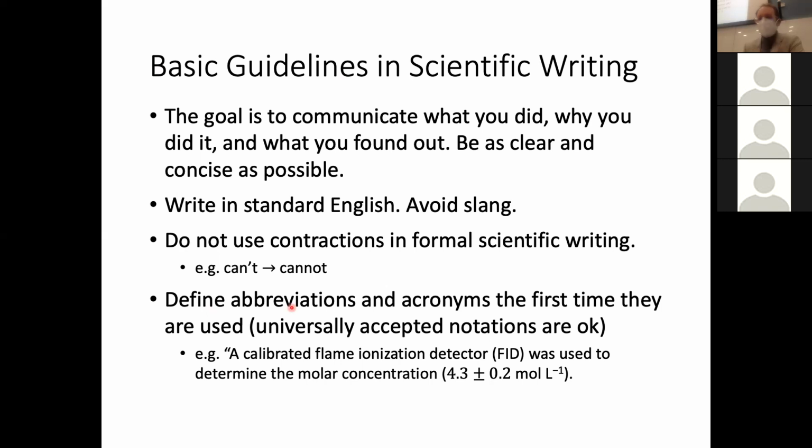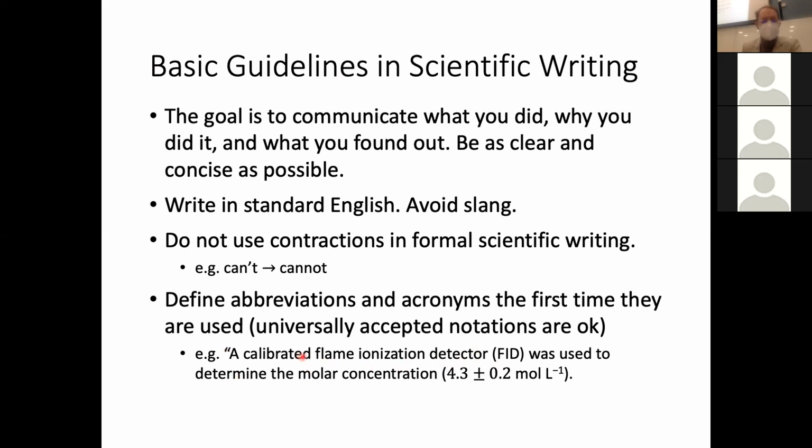In scientific writing, often it is efficient to use abbreviations and acronyms, but you always have to define these abbreviations and acronyms for the reader. Otherwise, if they're not intimately familiar with a certain area of science, they're going to be totally lost. So for example, if you're using a flame ionization detector, maybe you want to use the abbreviation FID, but the first time that you introduce the concept, you need to write out the name of the technique that you're using.